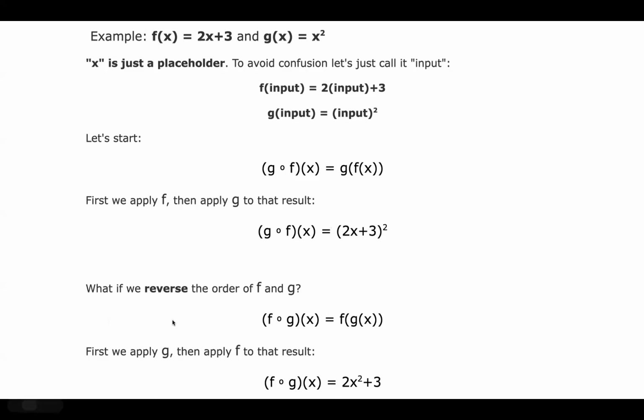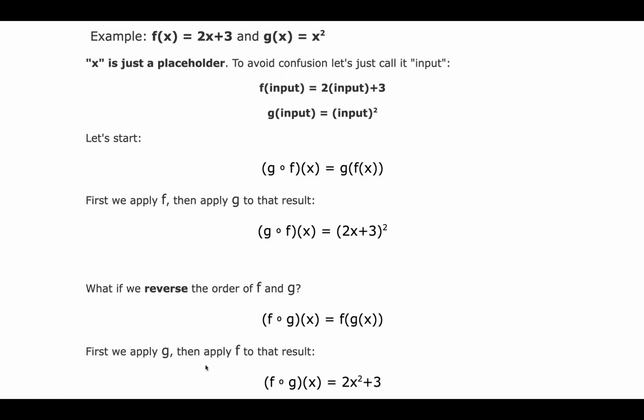Okay. What if we reverse the order of f and g? F composite g of x is equal to f of g of x. Whatever there is, f of x square. Where is the input given there? In f, here the input is given. Then what input do we have to give? We give g of x. What is g of x? It is the square of the input. So what will we give in f of input? 2x square plus 3.